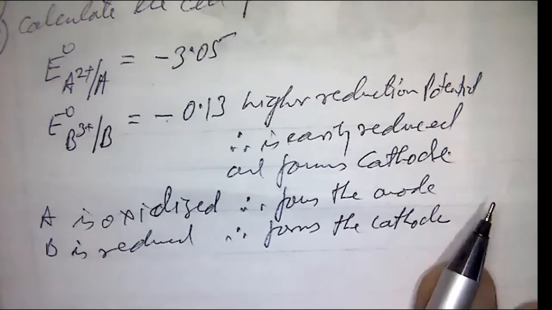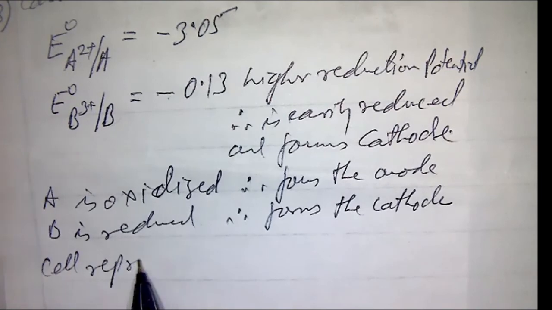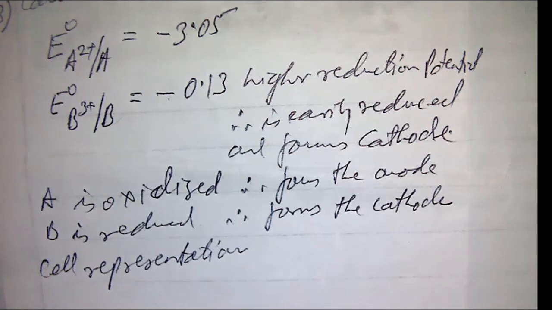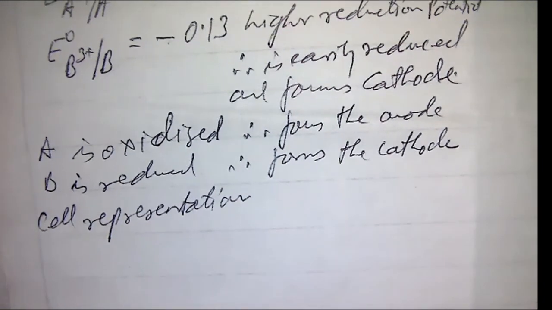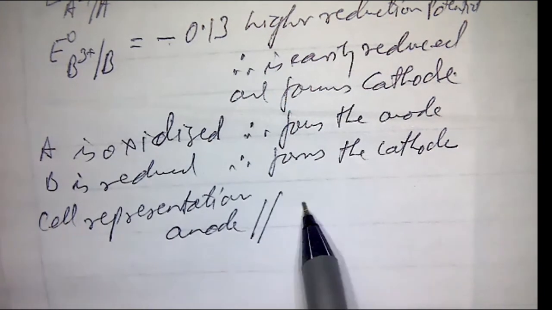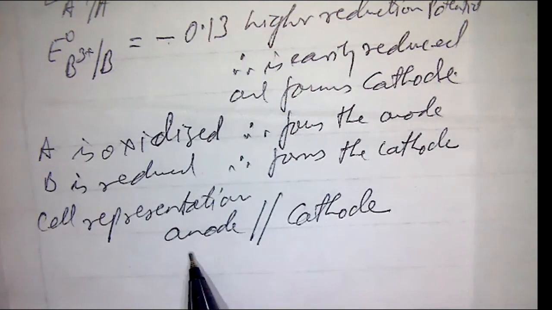Now the cell representation, how will you write? A is oxidized, so it is the anode. It's always anode salt, salt cathode, isn't it? So A is your anode.